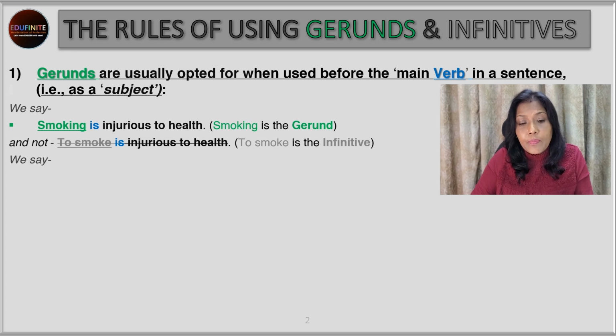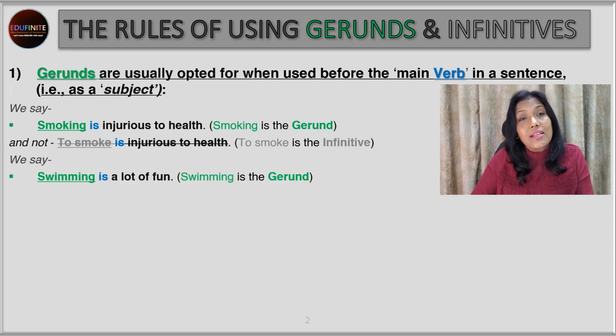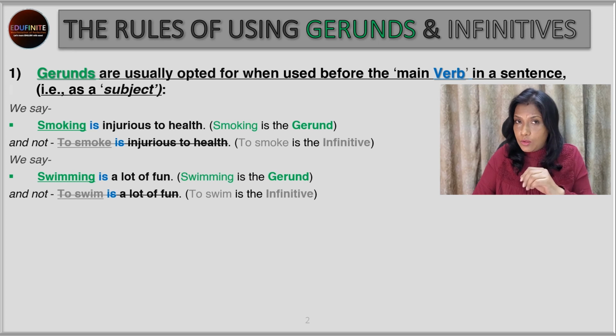The next one, we usually say swimming is a lot of fun, where swimming is a gerund. Over here we can see smoking, swimming, these are all subjects. Subjects of the verb is. But we usually say that swimming is a lot of fun, but we hardly say to swim is a lot of fun.